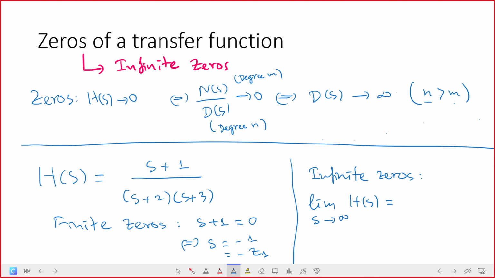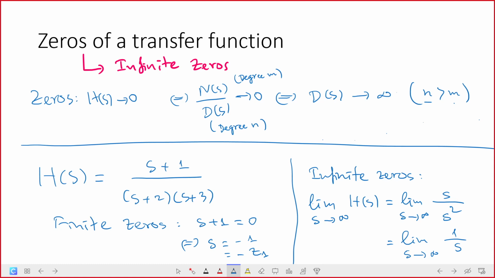Then we have the limit as s goes to infinity of s over s squared, or I can say the limit as s goes to infinity of 1 over s.